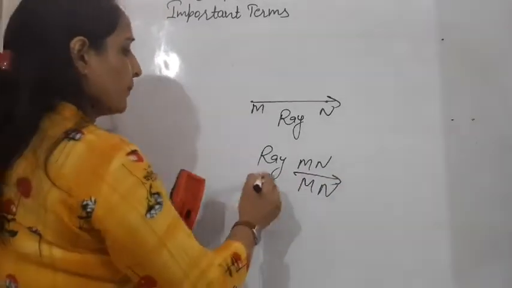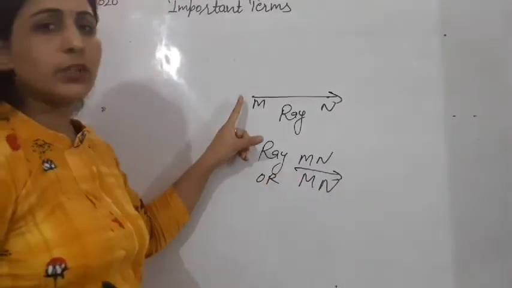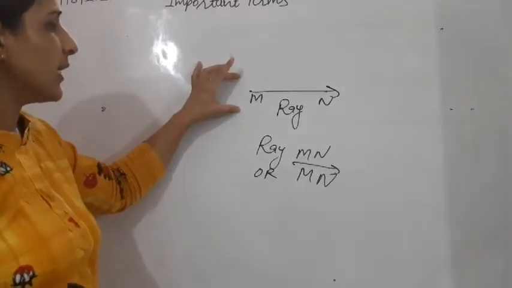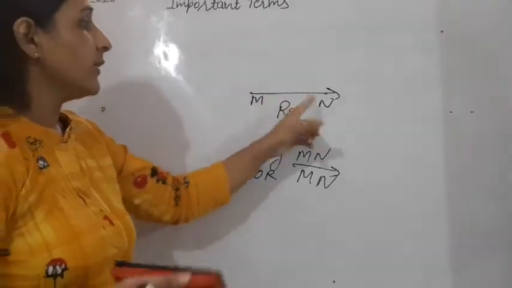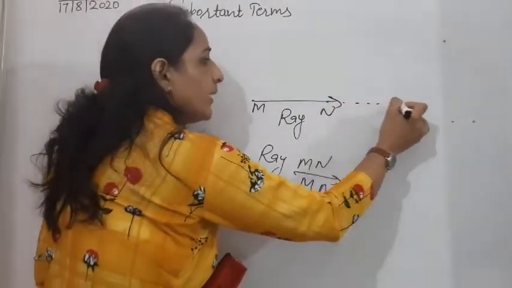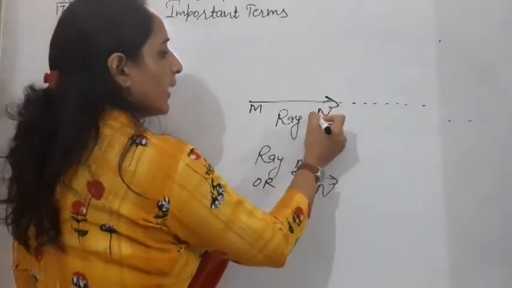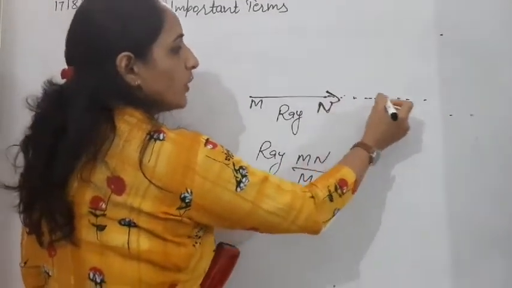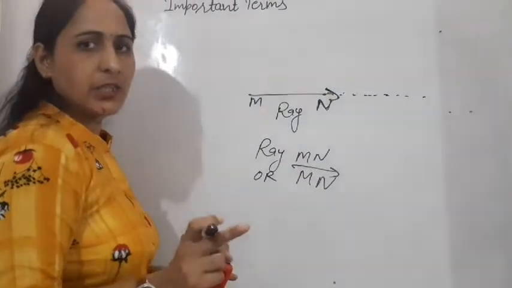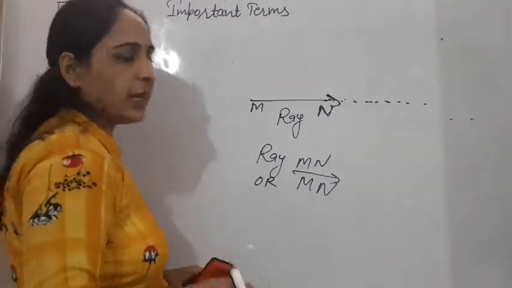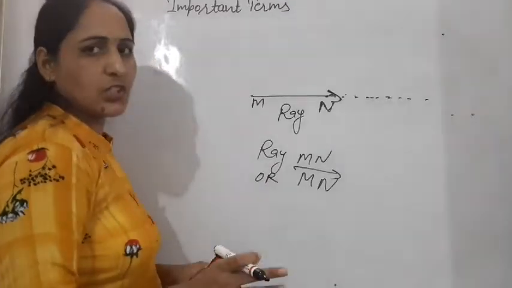It has only one end point, M. Here M is the initial point, and it is moving in only one direction. Clear? This arrowhead is moving towards N, so it is moving in only one direction.